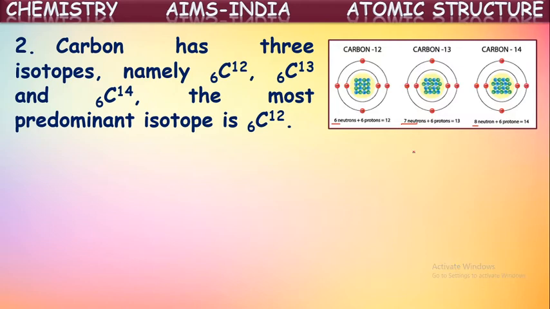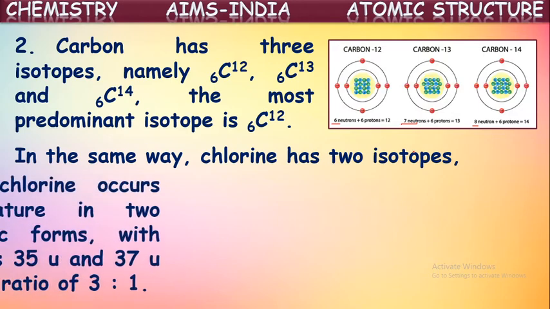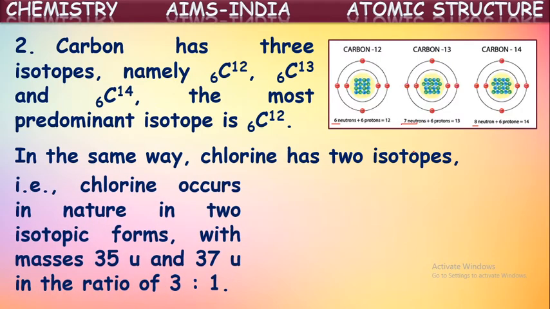Okay. Next, one more example. In the same way, chlorine has two isotopes. Chlorine occurs in nature in two isotopic forms, with mass numbers 35 and 37 in the ratio 3:1.